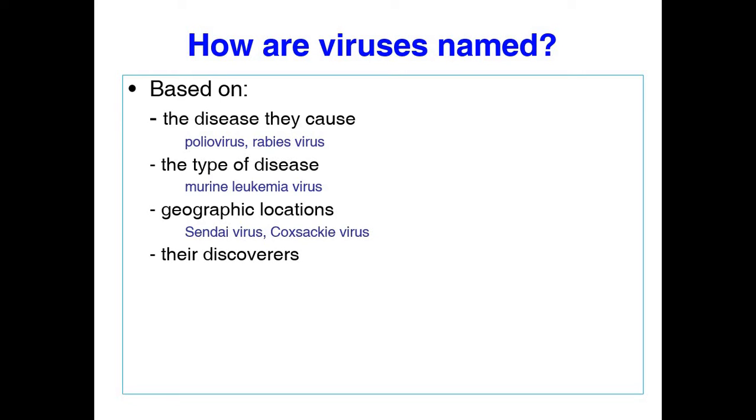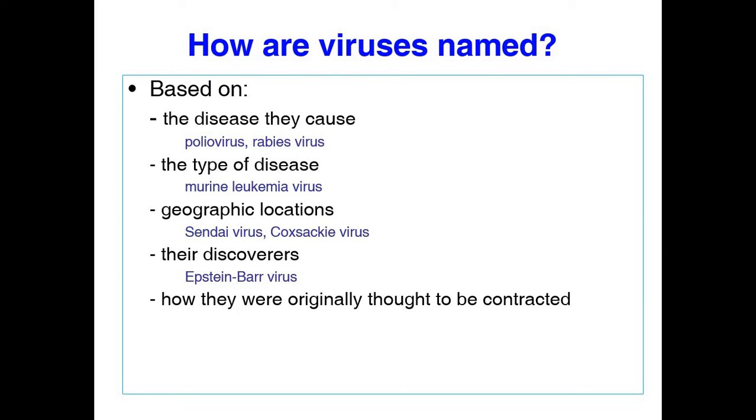There are also names from their discoverers, meaning the person who discovered them, like Epstein-Barr virus, discovered by Epstein. Others are named for how they were originally thought to be contracted, like dengue virus, thought to be caused by some kind of evil spirit, and influenza virus, thought to be influenced by the barrier.